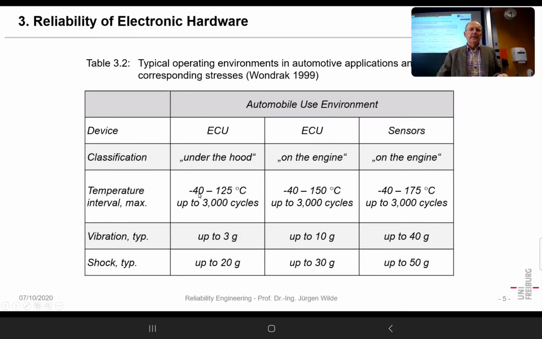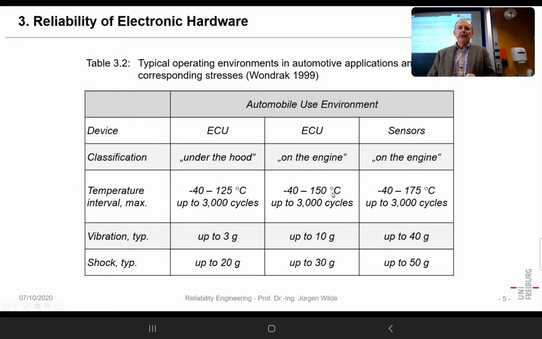The specification says minus 40 to 125. So 125 is the maximum the cooling liquid can have in a car. It's under pressure, so it's not the boiling point at 1 bar, but the boiling point at maybe 2 bar or so. And here we have vibrations of up to 3 G and shock of typically 20 G.